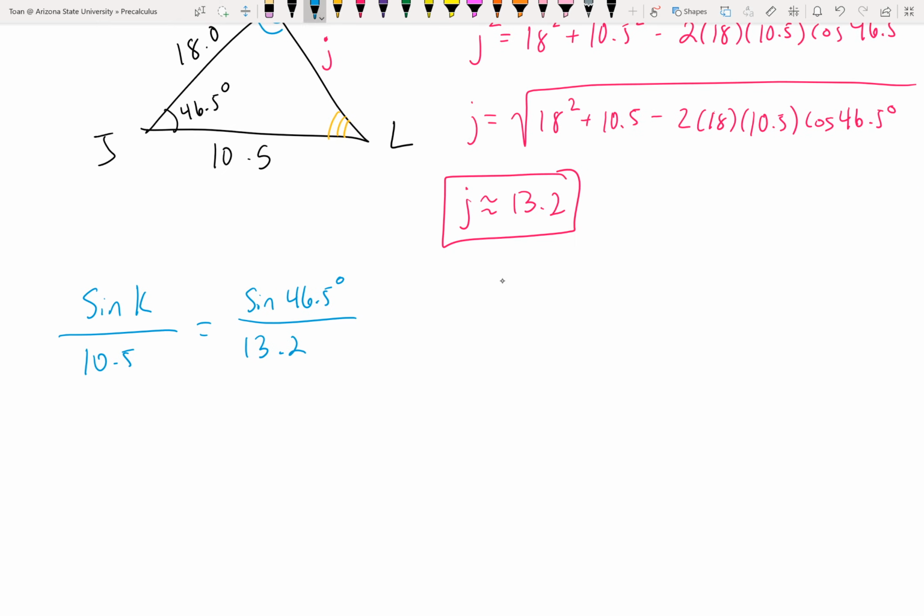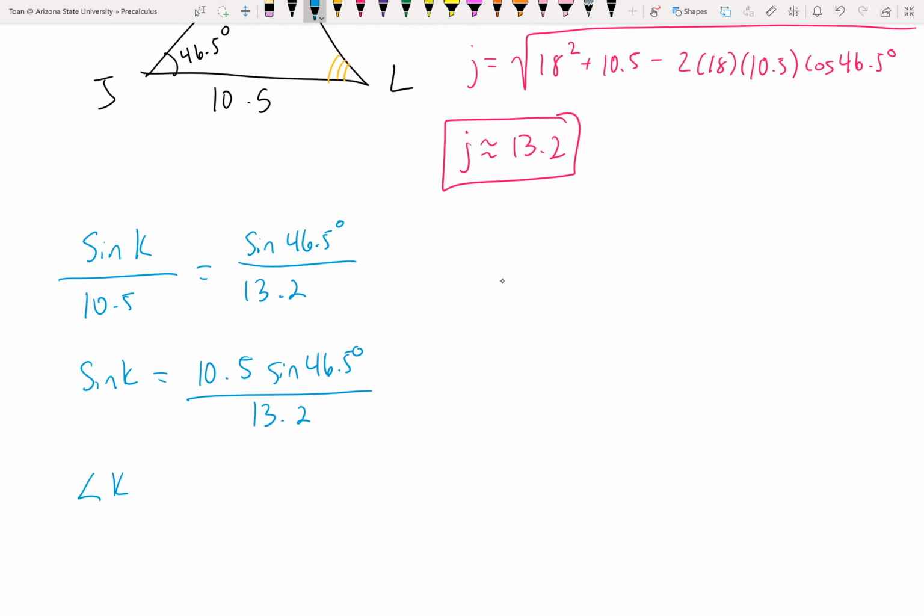So I'll multiply both sides by 10.5. Take the inverse sine, and you get K is approximately 35.2 degrees, right?